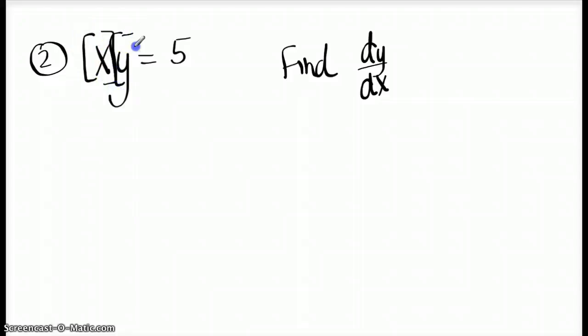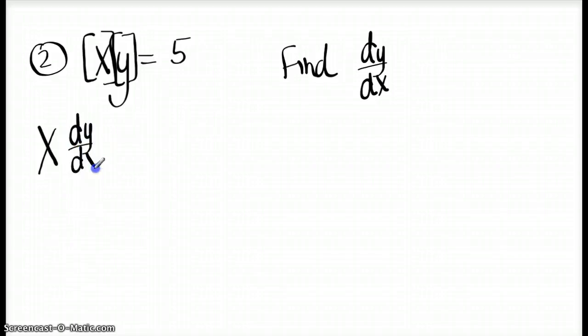It's two different things, right? So what do I do? Keep the first. What's the derivative of y? 1. Does it have an x? So what do I have to put? You with me? Plus.